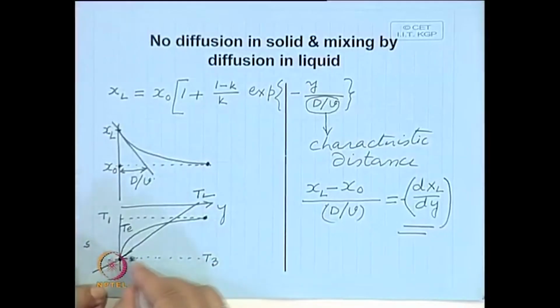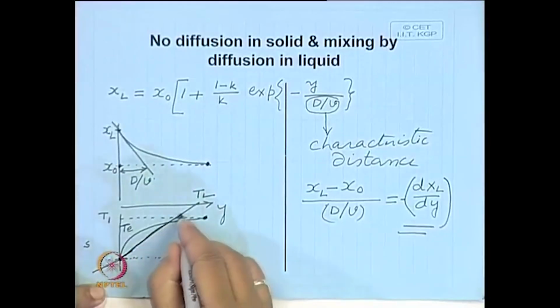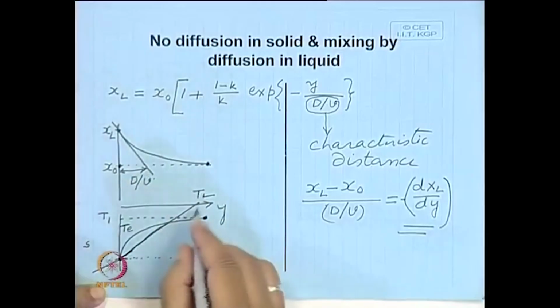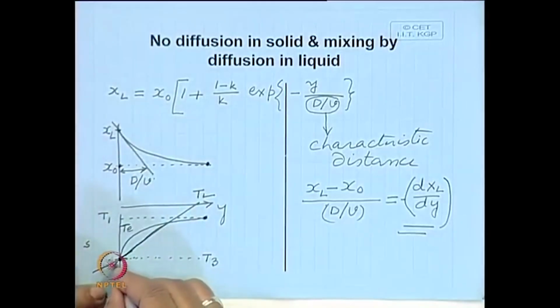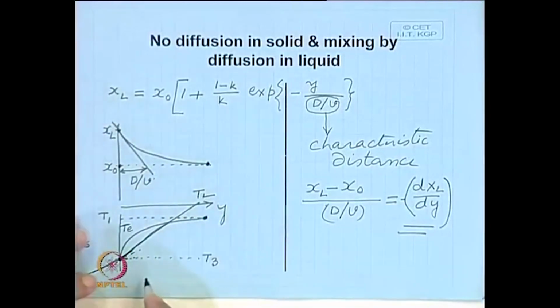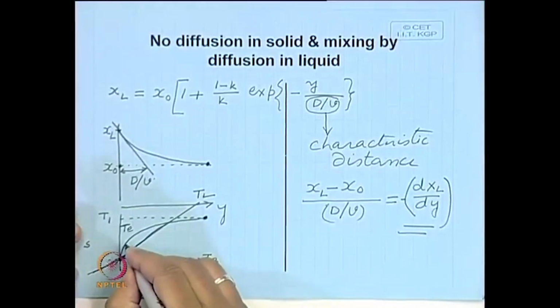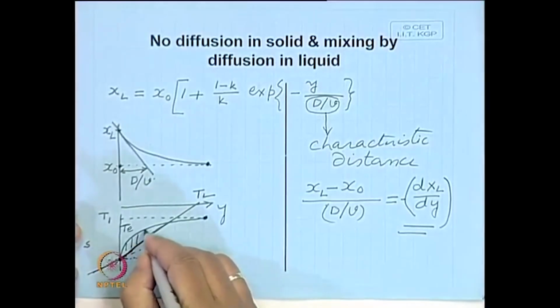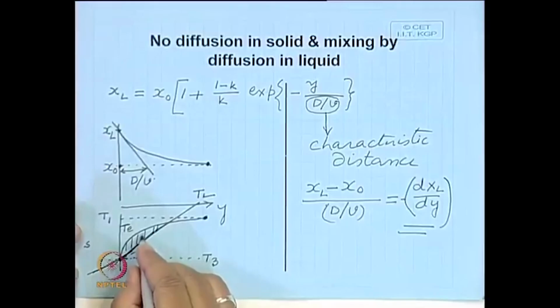So, we maintain a gradient in the liquid, a temperature gradient. As you move inward from the mold, the temperature is higher, and this is the solid temperature. Now, in that case we have a region here where there is supercooling.